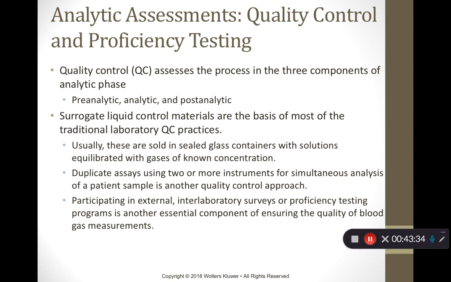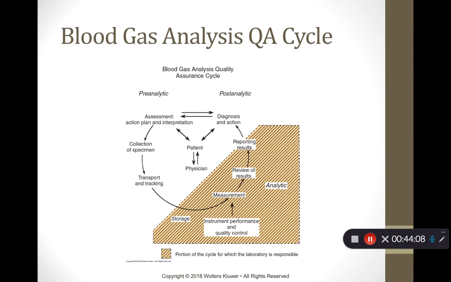So usually for blood gases, these are sold in sealed glass containers with solutions that are equilibrated with gases for known concentrations. You will run QC in duplicate assays, and also it's important to participate in external interlaboratory surveys, or proficiency testing programs, to make sure that you're running these tests correctly, and also that the results are valid for gas measurements.